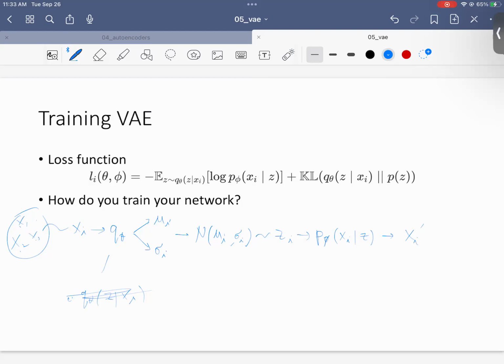So based on this, you have two loss terms. One loss term is Xi minus Xi prime squared, the reconstruction term. The other is DKL, obviously.